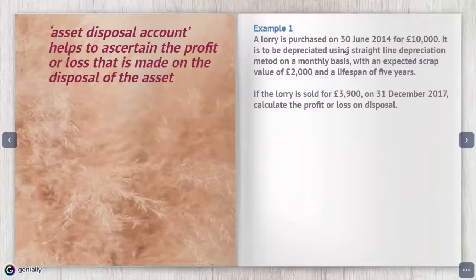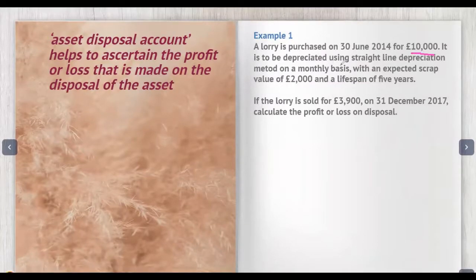Now, let's look at this example on how to prepare the transactions. A lorry is purchased on 30th June 2014 for $10,000. It is to be depreciated using the straight line method on a monthly basis, with an expected scrap value of 2,000 and a lifespan of 5 years.